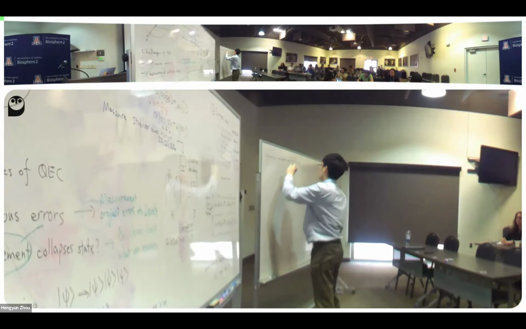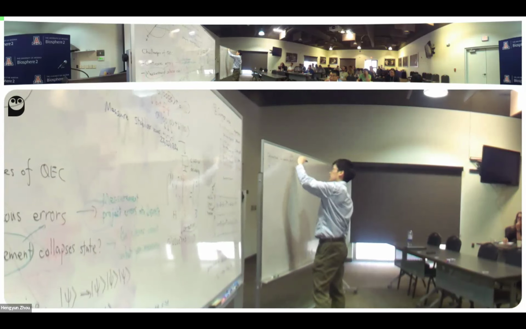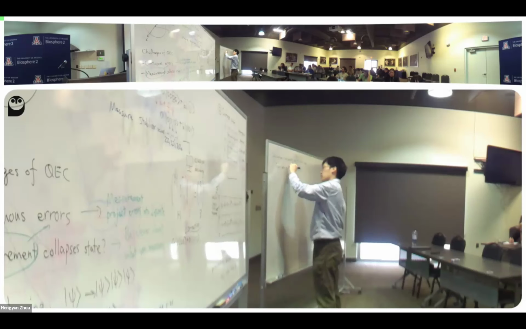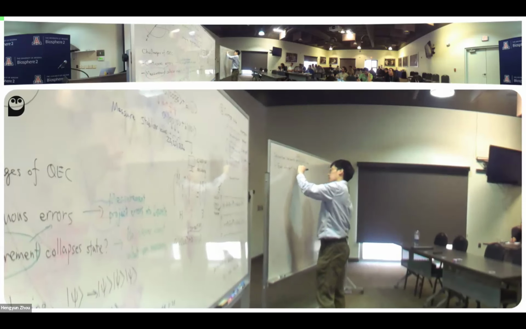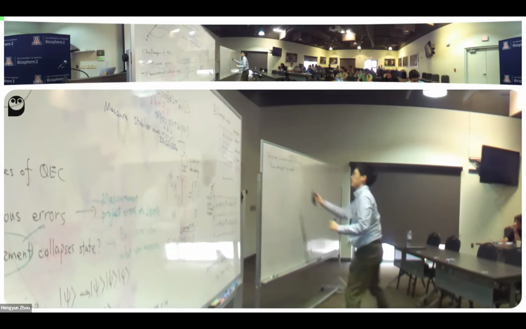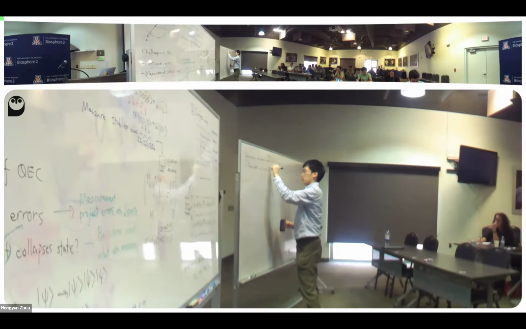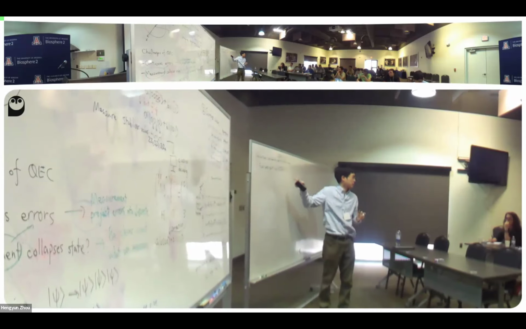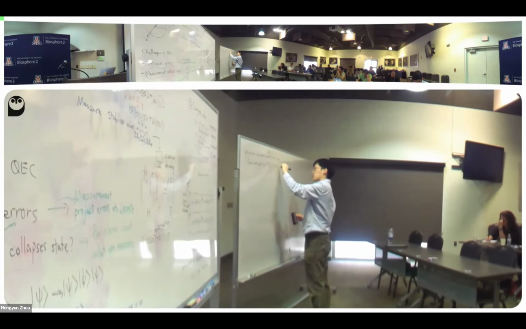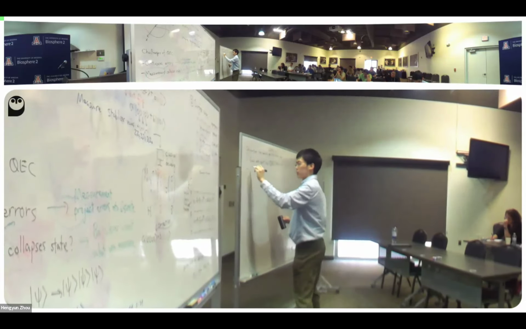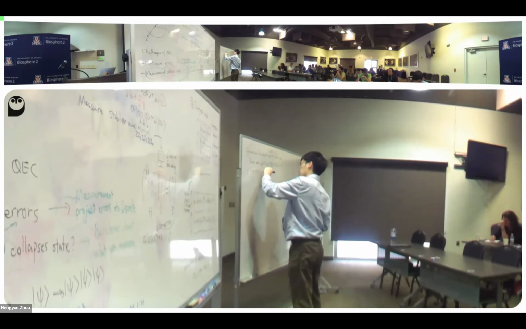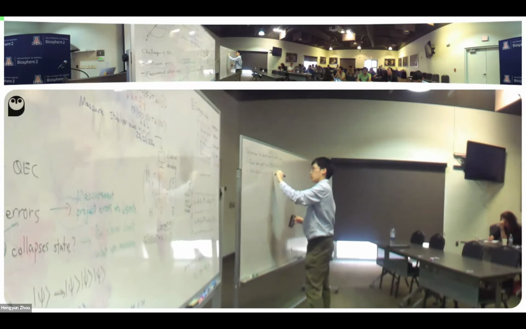LDPC means that each data qubit has a constant, bounded, let's just say O(1), number of stabilizers, and then each stabilizer acts on O(1) data qubits.